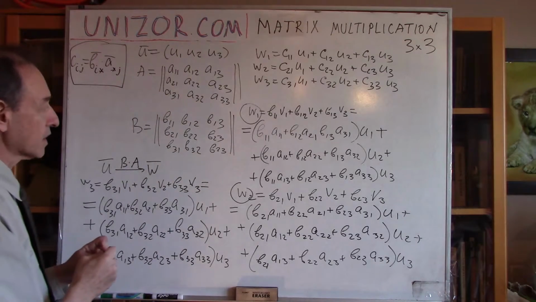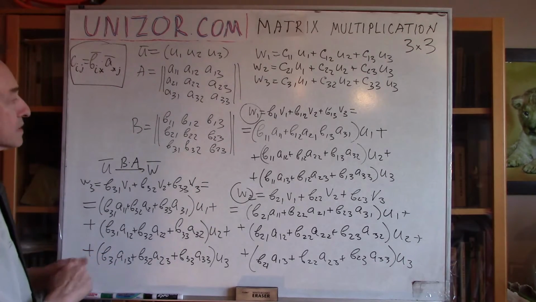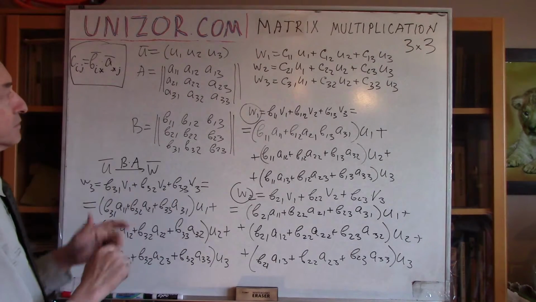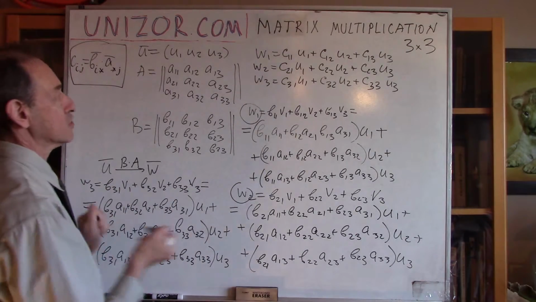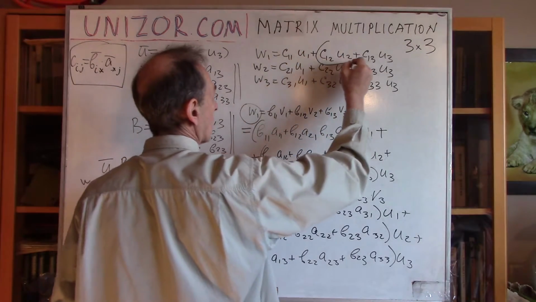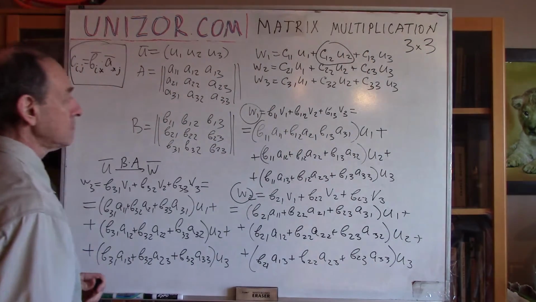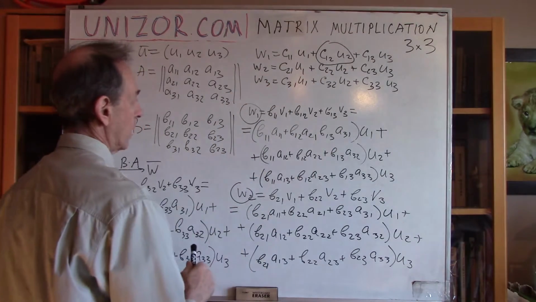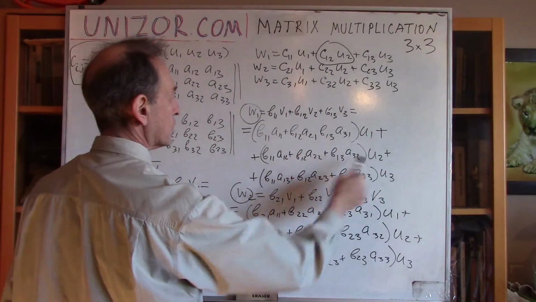Now, and here is my point exactly as before, if you take a look at this, you will see that this is still exactly the same rule. Just out of curiosity, let's check this one, for instance. This is the second coefficient for W1, which is at U2.